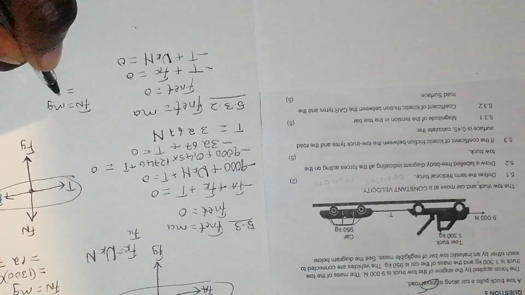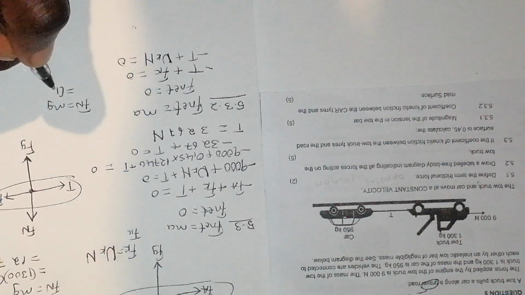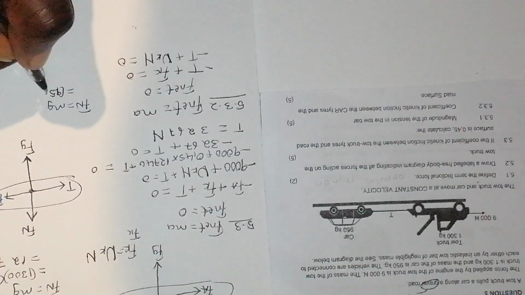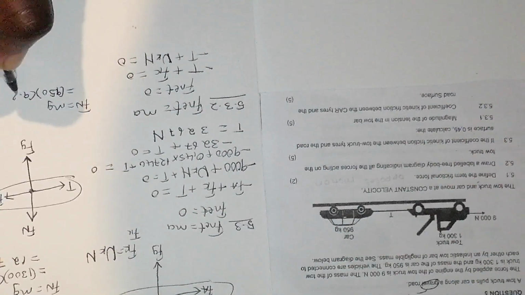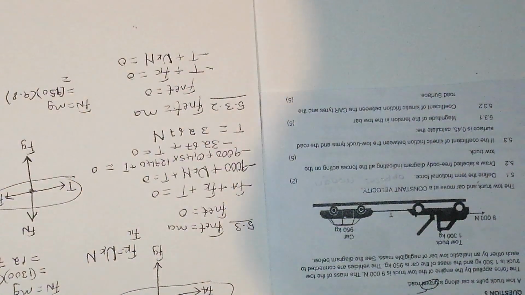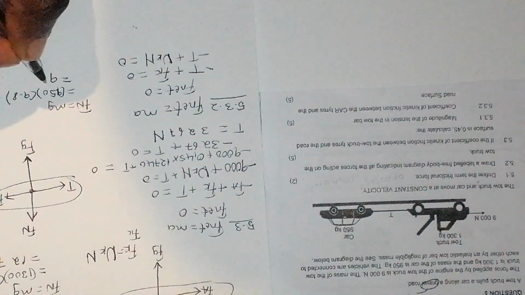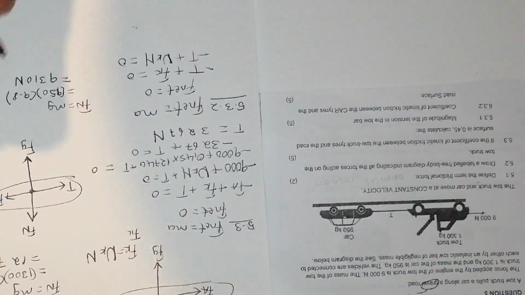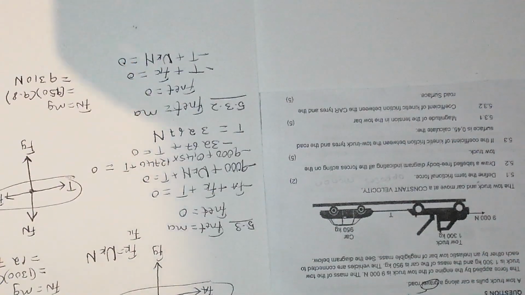Now m is 1000? No, it's 950. 950 times 9.8. You punch 950 multiplied by 9.8, you get 9,310 newtons.